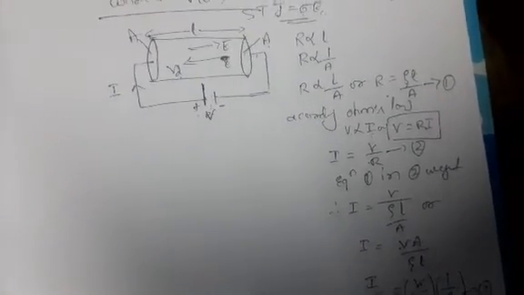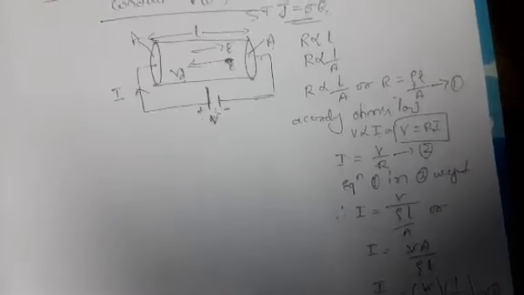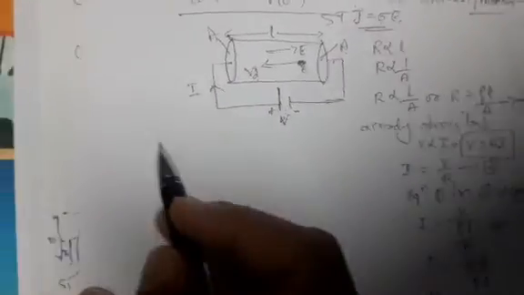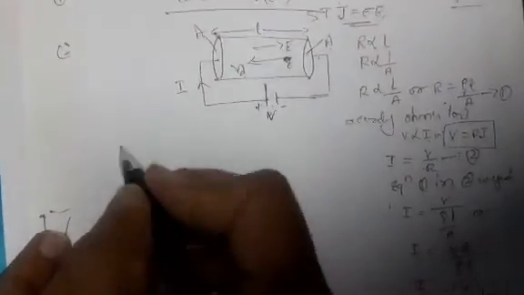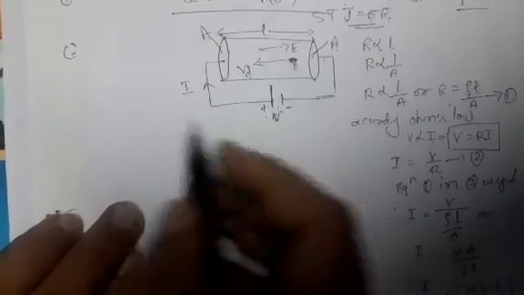This is a very important 5-mark question, or sometimes asked as a 3-mark question. And there is one more derivation. What is the expression for conductivity of a material in terms of relaxation time?